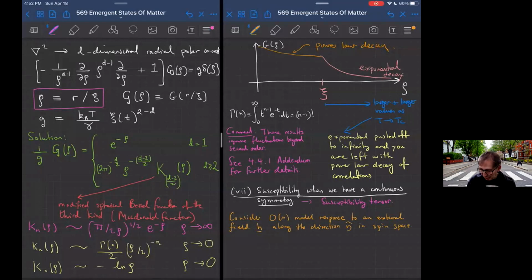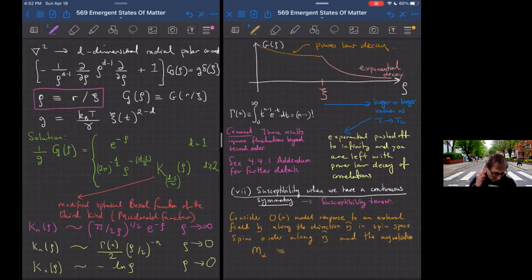Spin is slightly shorter than order parameter, so I'll just call it spin space. So the idea is that when we apply the field, the spins will order along this direction n, and so I can write the magnetization, which is what we'll call the response, as m alpha.